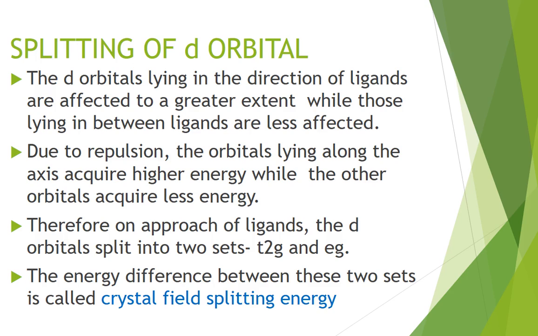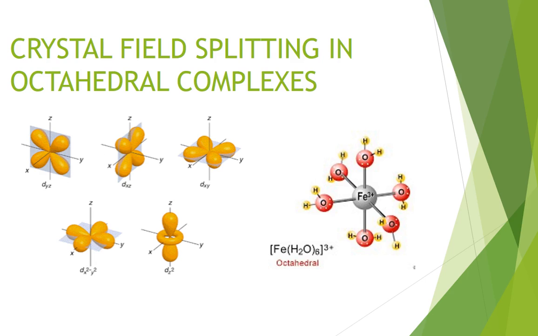Due to repulsions, the orbitals lying along the axis acquire higher energy, while the other orbitals acquire less energy. That's why on approach of ligands, d orbitals split into two sets, t2g and eg. The energy difference between these two sets is called crystal field splitting energy.